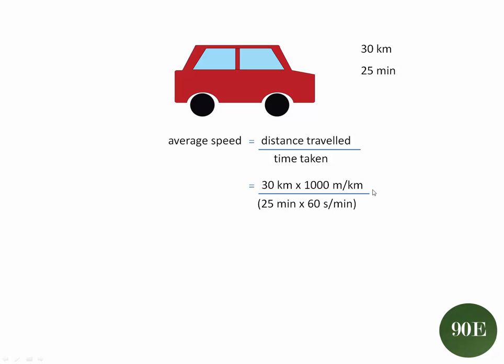That's kilometers here and minutes in the denominator. Okay, so let's work out the average speed: 30 times 1,000, which is 30,000 meters, divided by 25 times 60 seconds, 1,500 seconds. So let's do that in our calculator, and we should get 20 meters per second.